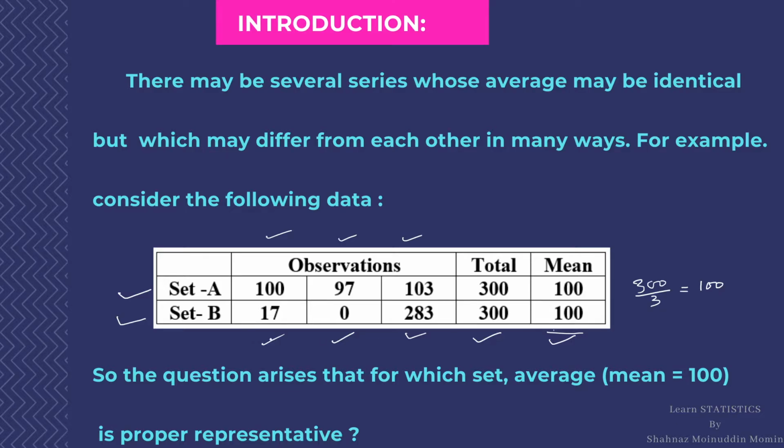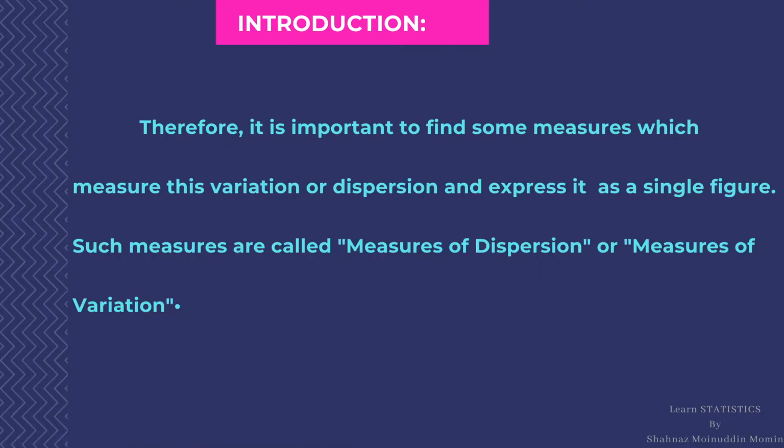Means the values of set B are dispersed away from the mean 100. Then it is important to find out some measure which measures this variation or dispersion and express it in a single figure. Such measures are called the measures of dispersion or the measures of variation.